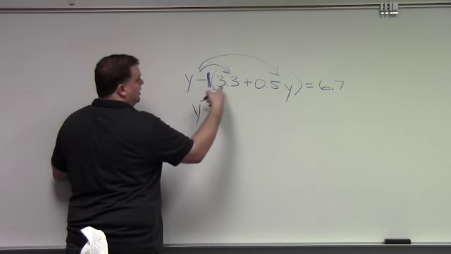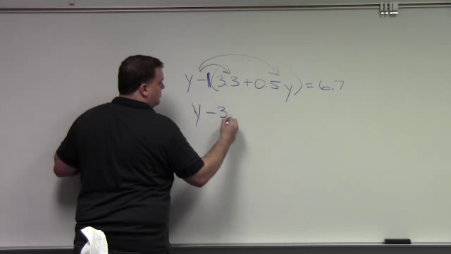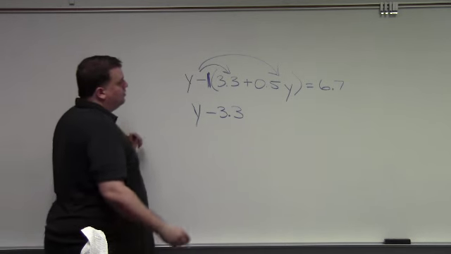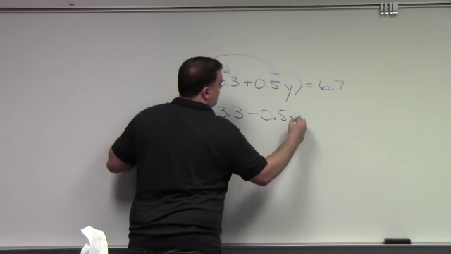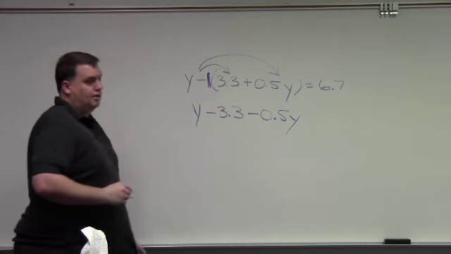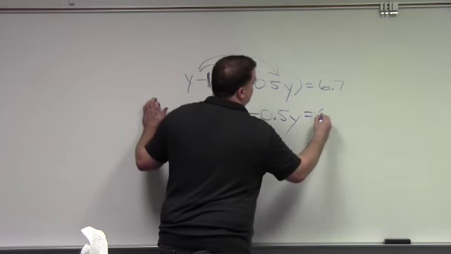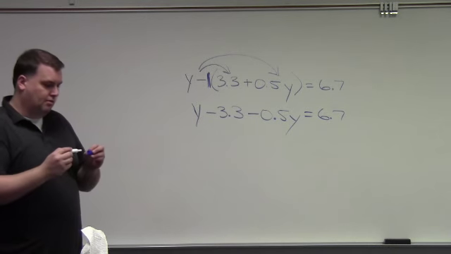And then negative 1 times 3.3 just changes the sign. Negative 1 times 0.5, it's the same thing, we're just changing the sign. Equals 6.7.